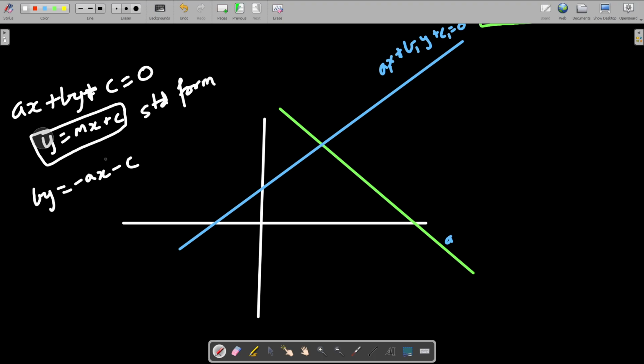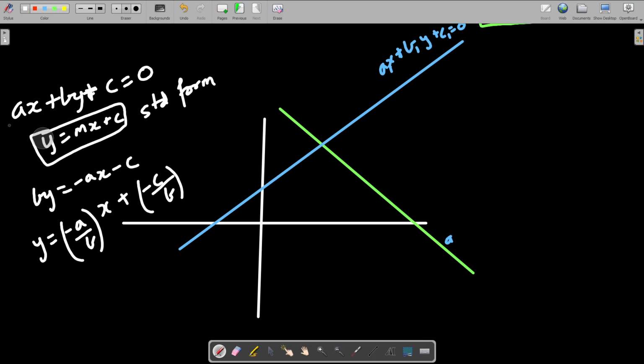Take ax and c on the other side, and write this as y is equal to minus a by b times x plus minus c by b. This will be the constant.